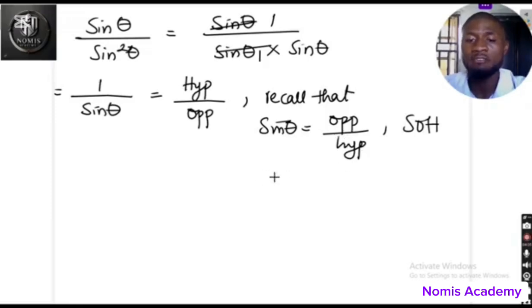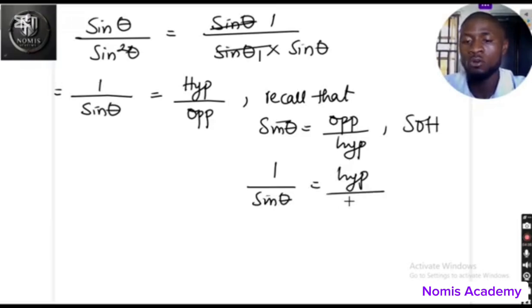So when we have the inverse of sine theta, 1 all over sine theta, the denominator becomes numerator and numerator becomes denominator. Hypotenuse all over opposite. And we have learned that hypotenuse all over opposite is cosec theta.